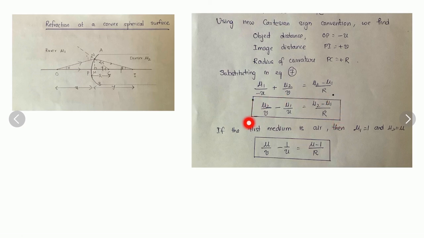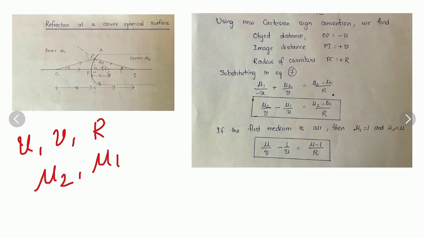So this is called the equation relating the terms U, V, R, refractive indices mu 2, mu 1. Generally this is also asked in the examination: derive the expression relating the terms object distance U, image distance V, radius of curvature R, refractive indices mu 1 and mu 2.